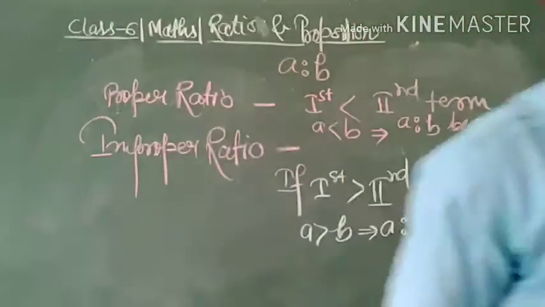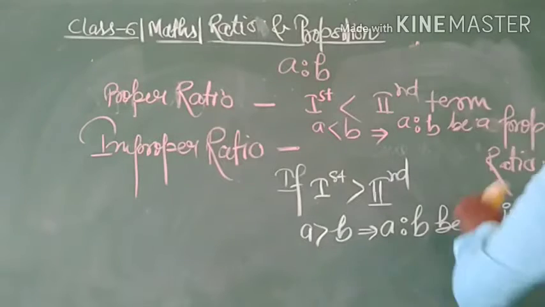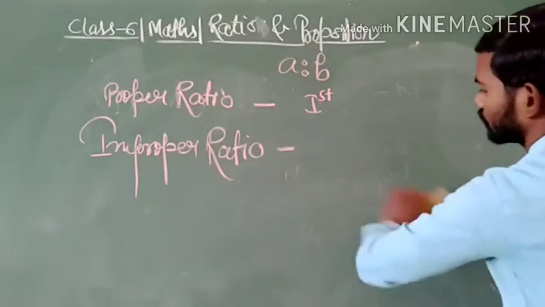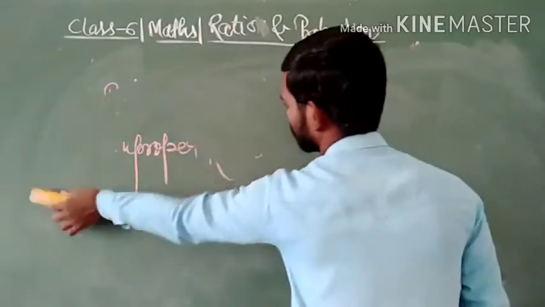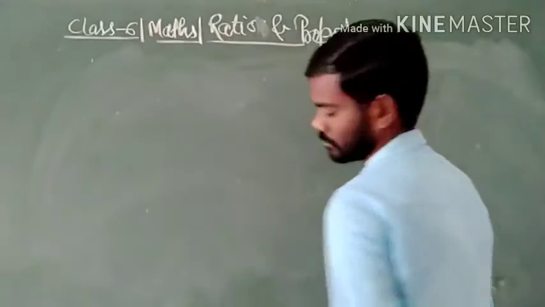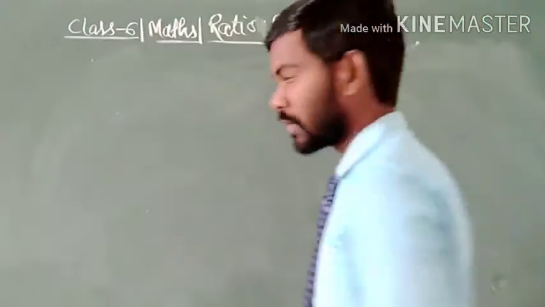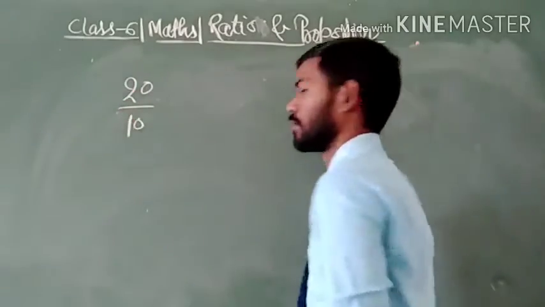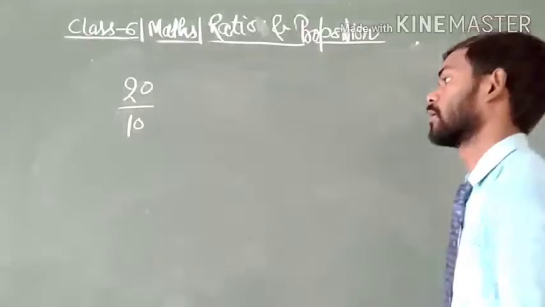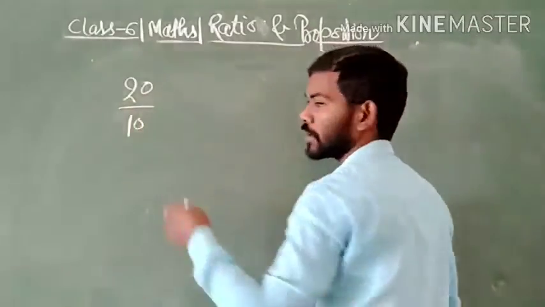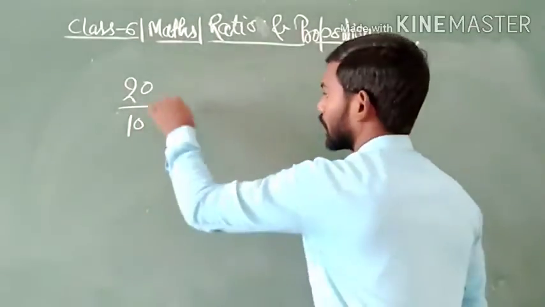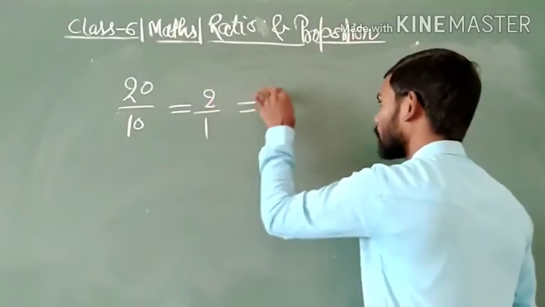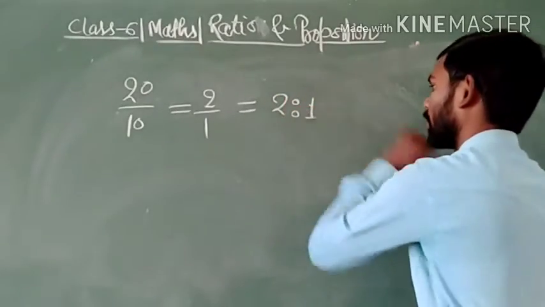Now let us see it with some examples. If given 20 upon 10, when we solve it to its lowest form, we get 2 upon 1, which gives the ratio as 2 is to 1.